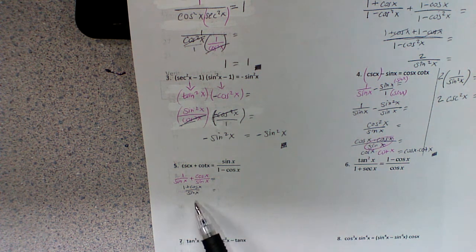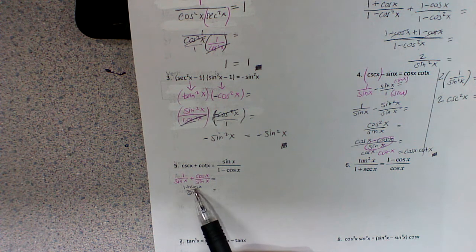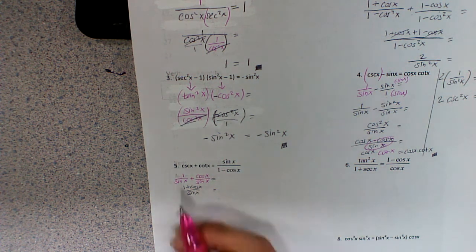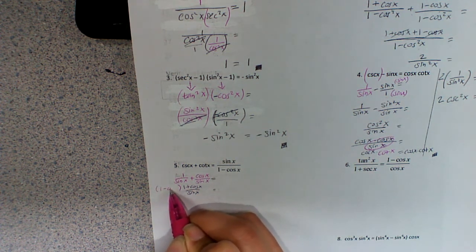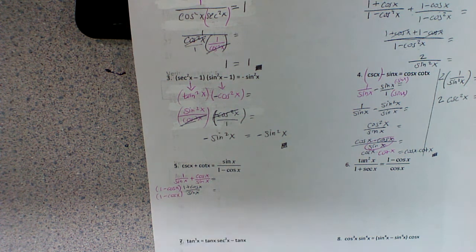Now the only way I can get that to happen is I'm going to have to multiply by the conjugate of the numerator, because the conjugate of that numerator is exactly what that is. So 1 minus cosine of x. Top and bottom I'll do this.